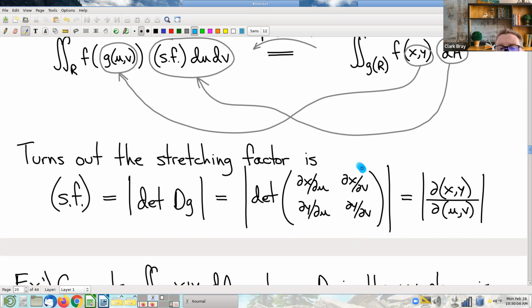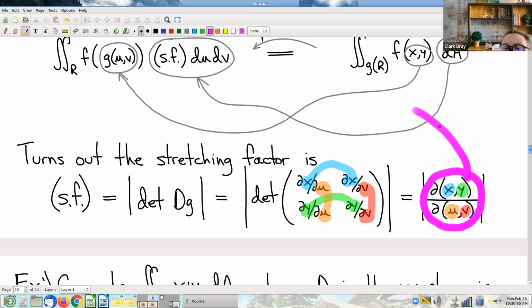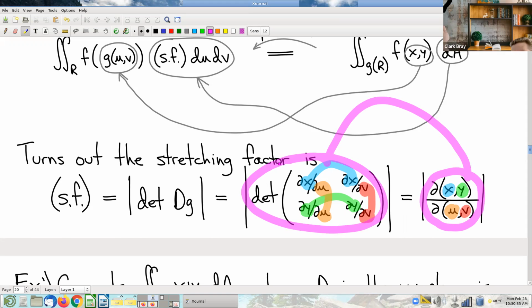What we've got here are the partials of X and Y, and we're taking their partials with respect to U and V. So this notation is a shorthand for: I want to take the determinant of a matrix that represents the partials of these variables with respect to those variables.